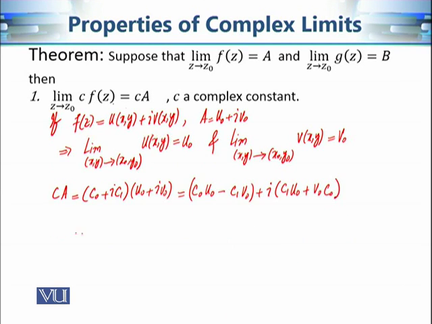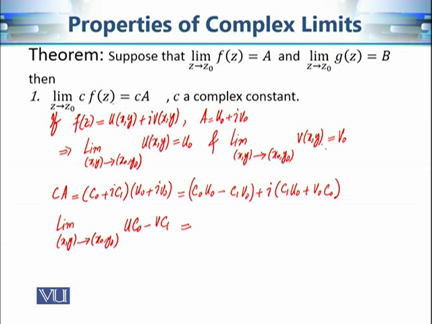So let's calculate this limit, xy approaches x naught y naught of u c naught minus v c1. Now we know that the limit as xy approaches x naught y naught of u of xy is u naught, and the limit as xy approaches x naught y naught of v of xy is v naught.